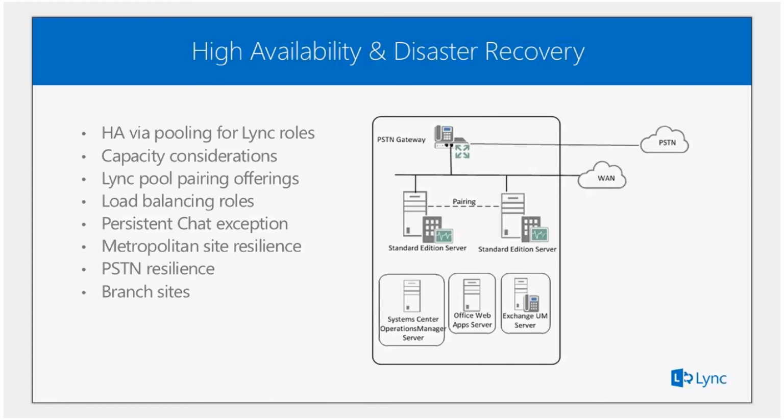You can't do that in Lync. You can't stretch a front-end pool. So if I've got 10,000 users in Manchester and I put 2 Enterprise Edition front-end servers there to accommodate all those users, I can't take one of them and put it down in London. Okay, we can't stretch the pool like that. So that's what's meant by metropolitan site resilience, not supported in Lync 2013.